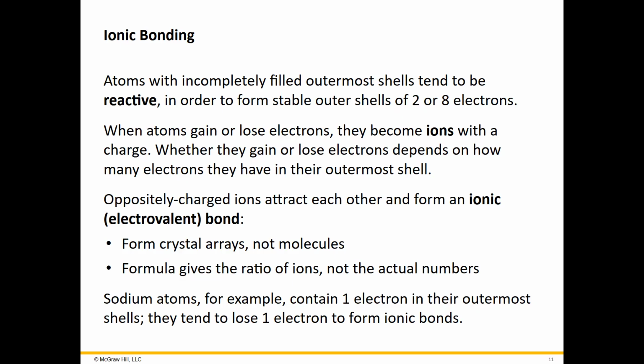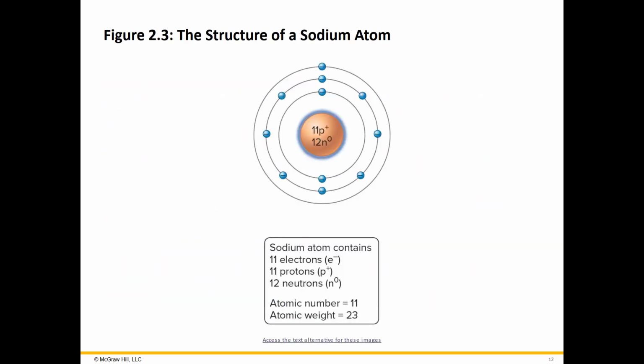Okay? So, for example, if we have a sodium atom, and it contains one electron in the outer shell. That shell wants to have 8 electrons, right? So it has an inner shell with 2 electrons. Let's look at the example. Okay, sodium has an inner shell of 2 electrons. Now, in this example, sodium actually has a second shell fully filled, 8 electrons, but it has a third shell, right?